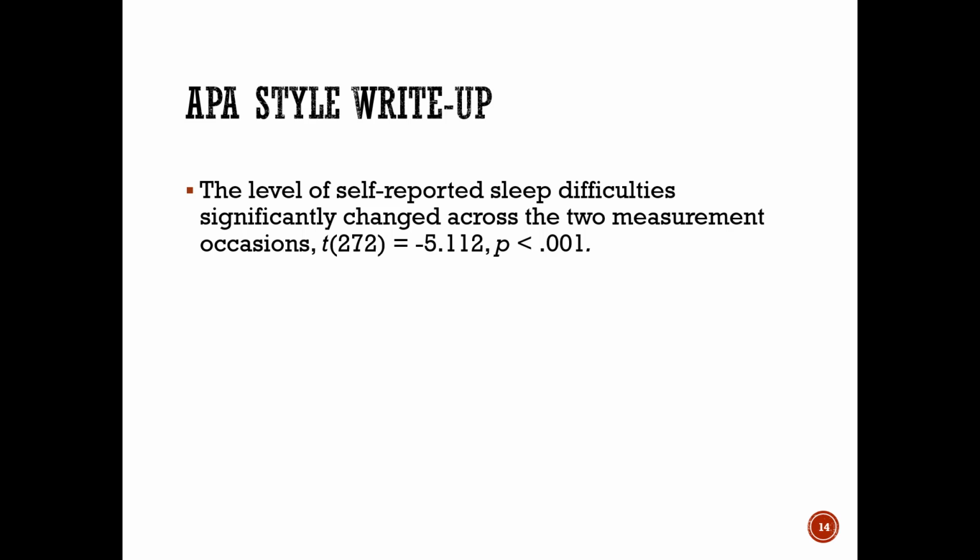Based on the two-tailed hypothesis, you can now say that the level of self-reported sleep difficulties significantly changed across the two measurement occasions, but notice that this is a two-tailed test, so we're just saying that it changed over time. Then you report the t-statistic similar to the way you did before, but this time the degrees of freedom is n-1. Paired samples t-test is n-1 for degrees of freedom, and then you write out the rest. Again, we have a very small p-value here.